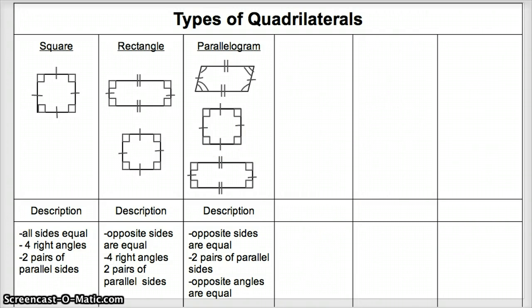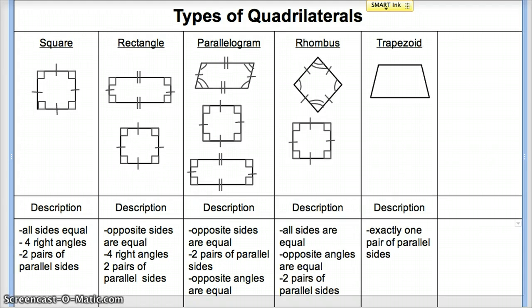Sorry about that, got a little bit ahead of myself there. The fifth one is called a trapezoid, and it has one characteristic only. Keyword, exactly one pair of parallel sides. Exactly means that it cannot have two pairs of parallel sides. In this case, one pair here, and that is it.